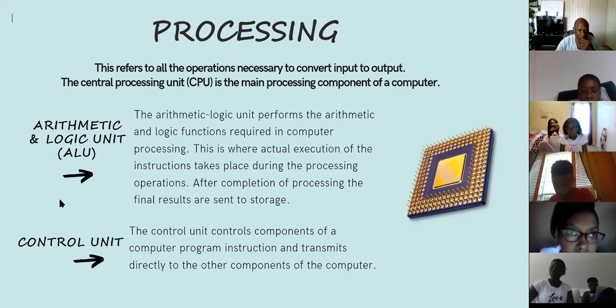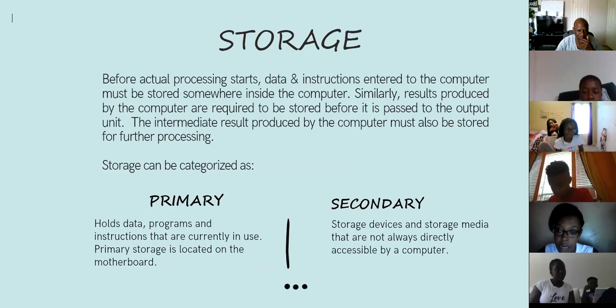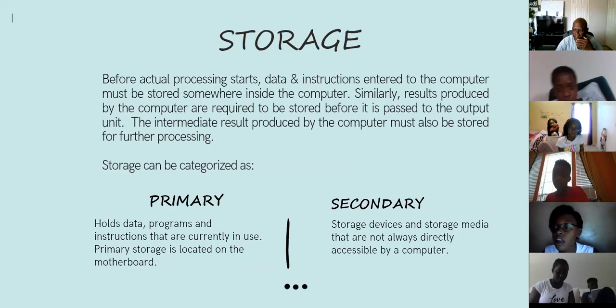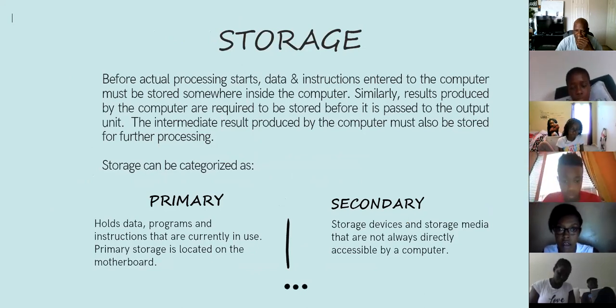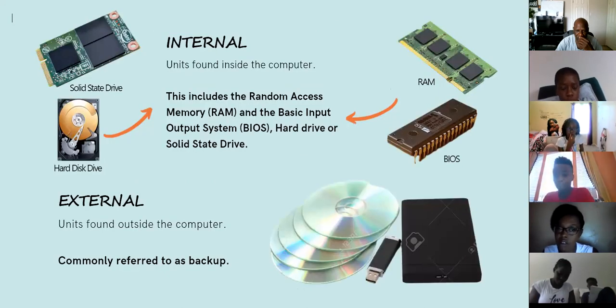Okay, so we said storage, we had primary and secondary storage. We said primary is the main storage, which are all storage units found inside the computer. Secondary is any other form of storage outside the computer. So the primary storage is also the internal storage of the computer.